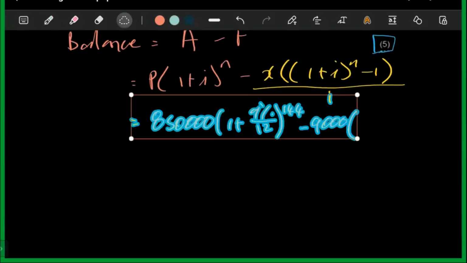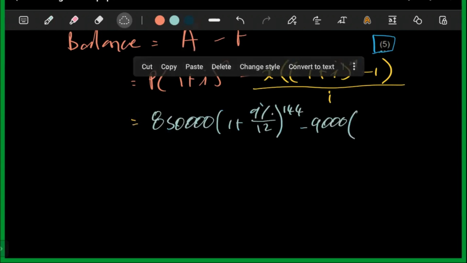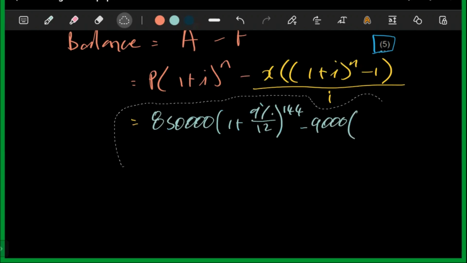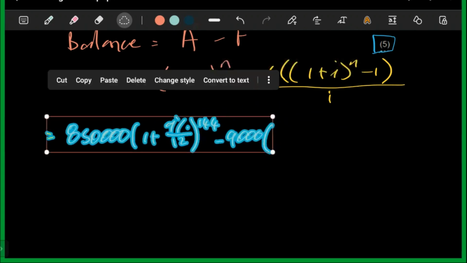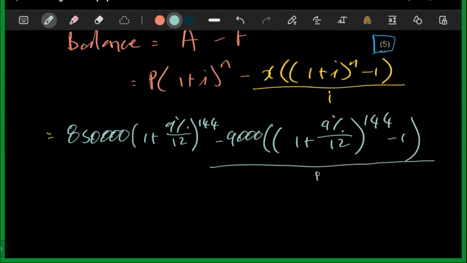Let's move everything to the left here so we have more space for what we're doing. So 1 plus interest, and then 144 months have passed, the whole thing over 9% over 12. So let's put all this in the calculator. You just have to be careful.